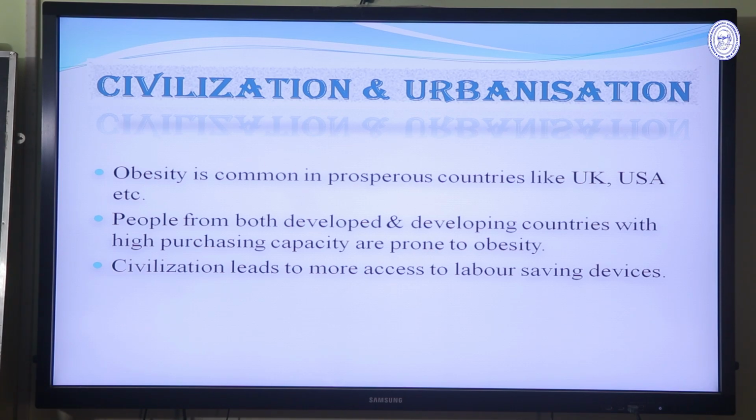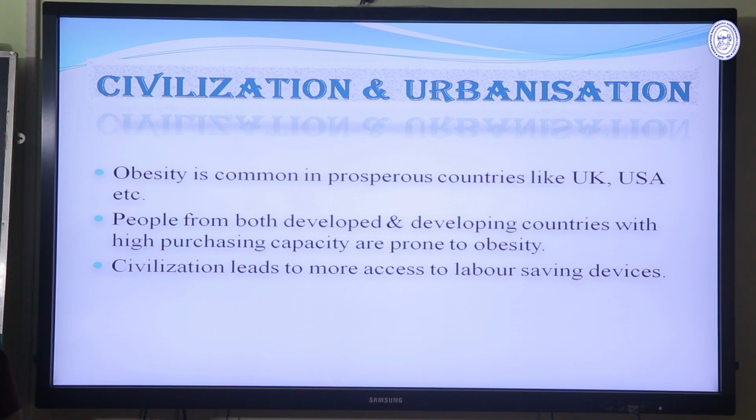Urbanization, civilization and modernization again are causing obesity. It is most common in prosperous countries like USA, UK, European countries, etc. And people both from developed and developing countries with high purchasing capacity, who can purchase more, who can have the sedentary lifestyle and who have all the labor saving devices, are prone to obesity.